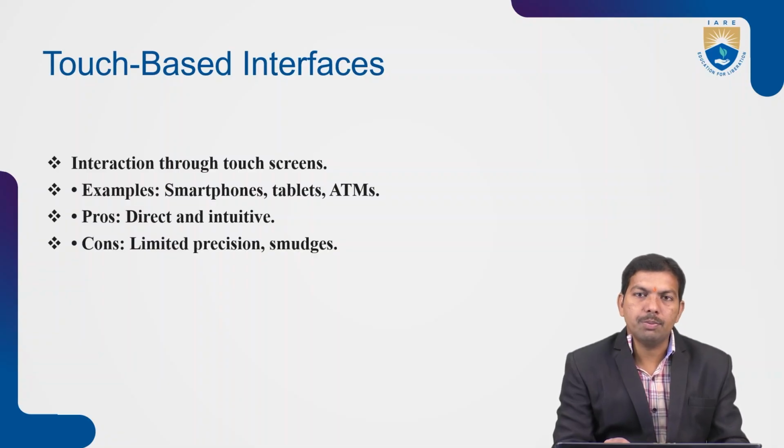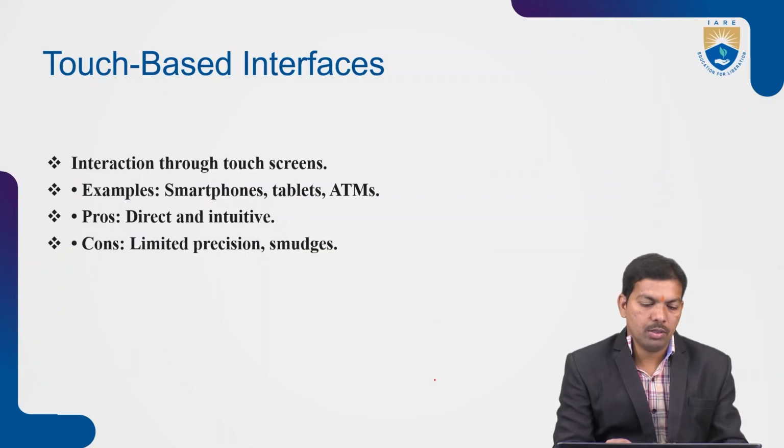Examples are smartphones, tablets, ATMs. We use touch screens to operate our mobile phones, tablets and ATMs. We touch to give the input, communicate with the touch screen, and it gives the output. We can interact with the machine, system, smartphone or tablet.